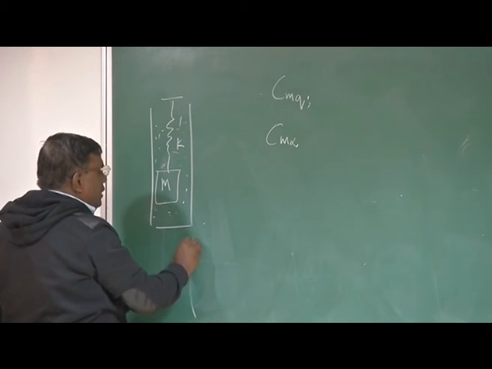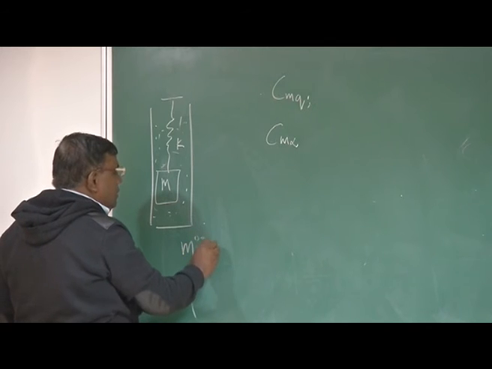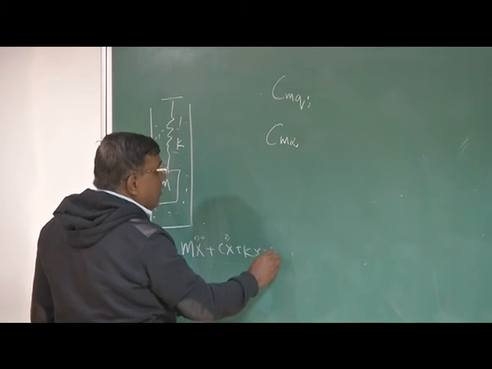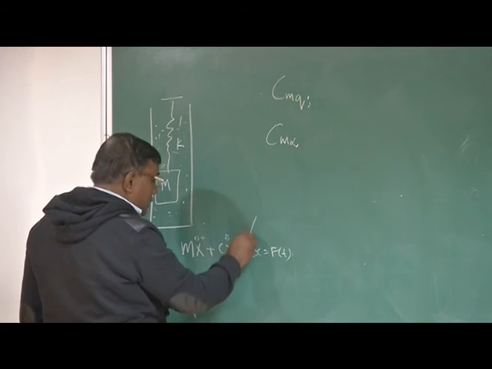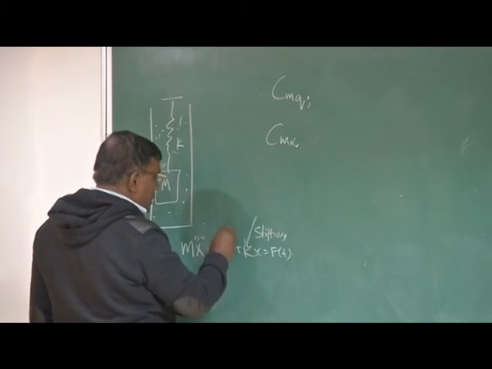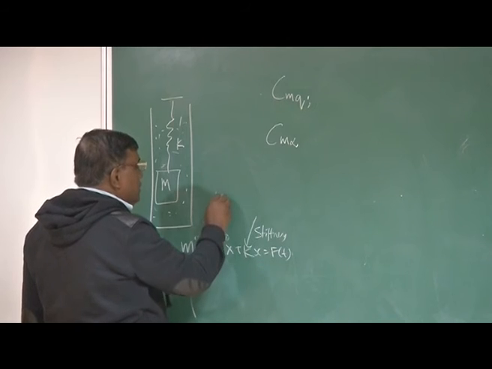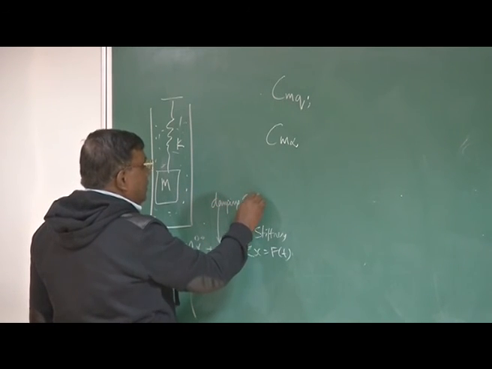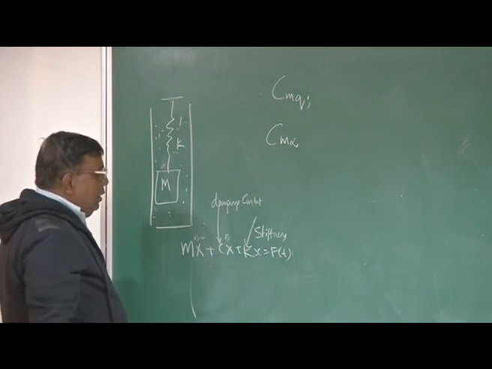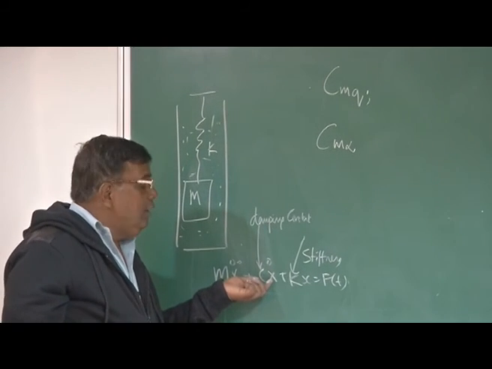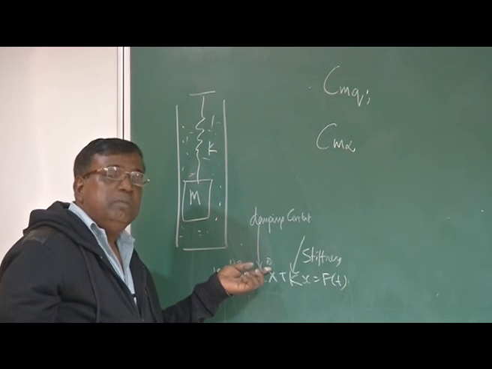So we wrote m x double dot plus c x dot plus k x equal to f of t, where k was stiffness and c was the damping constant. How do you define a damping constant c? The restoring force or moment is proportional to the rate of change of displacement.